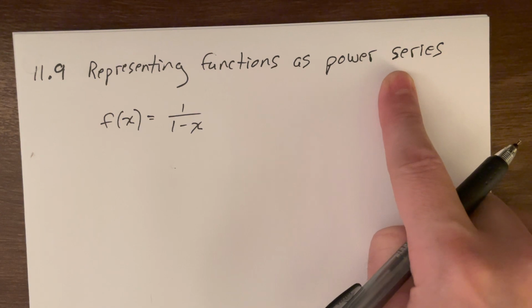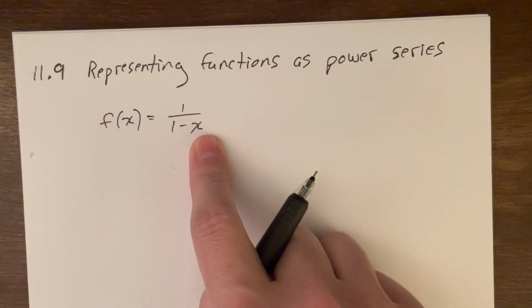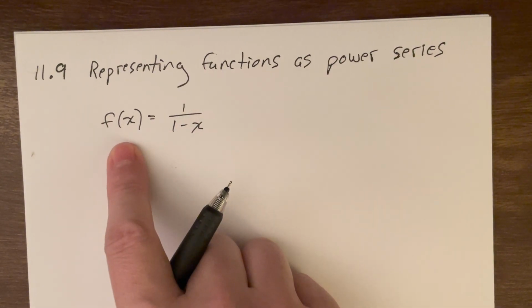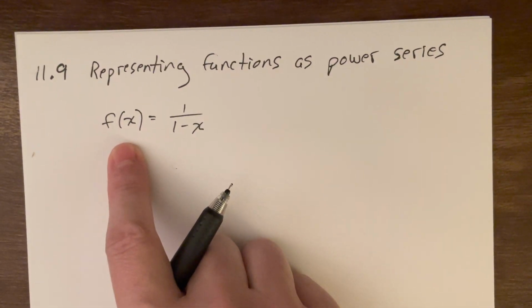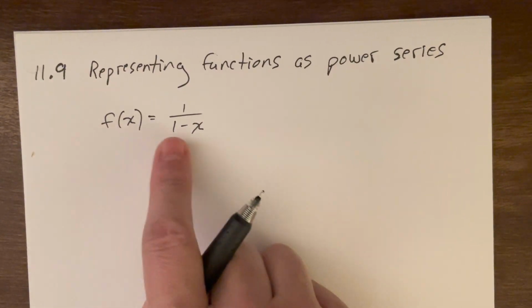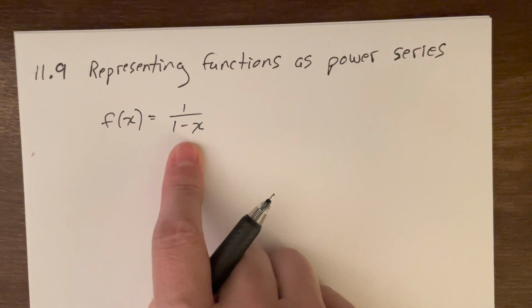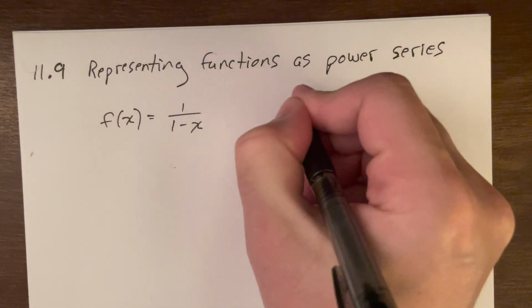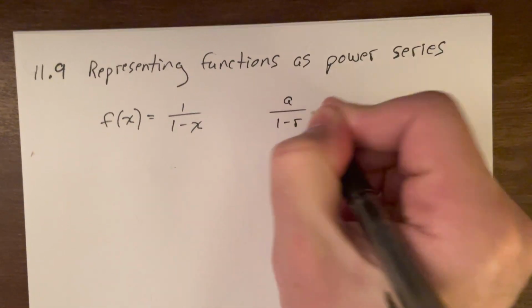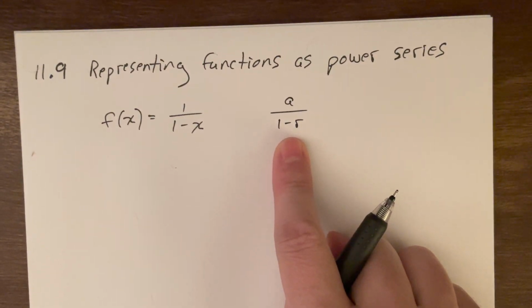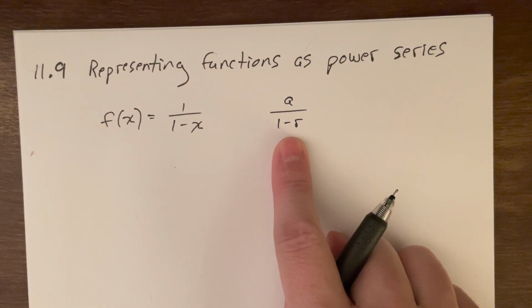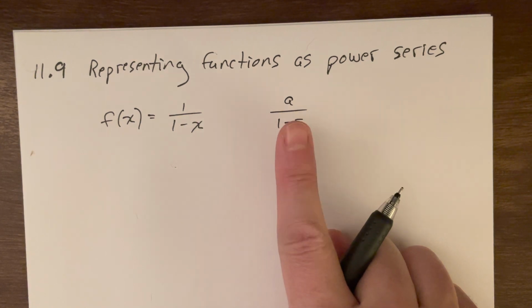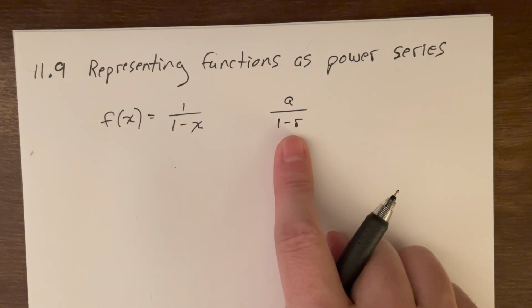And the way to do this is based off of this exact form. That's the key to these first several problems, these functions all have this same similar form, and the function can be re-understood, sometimes with some slight algebraic manipulations, and can be written as the sum of a geometric series.